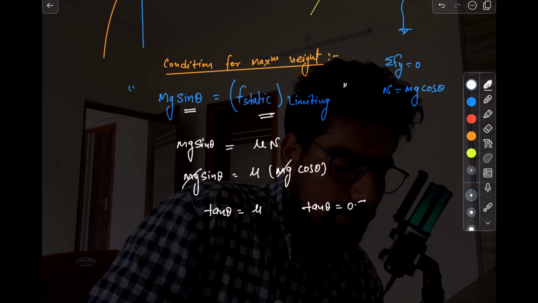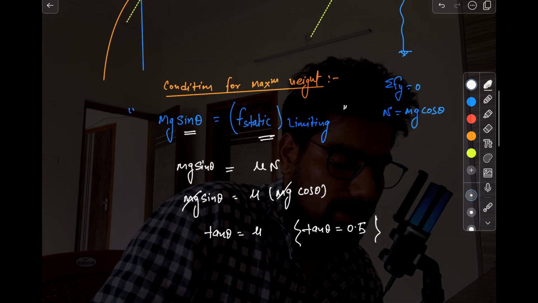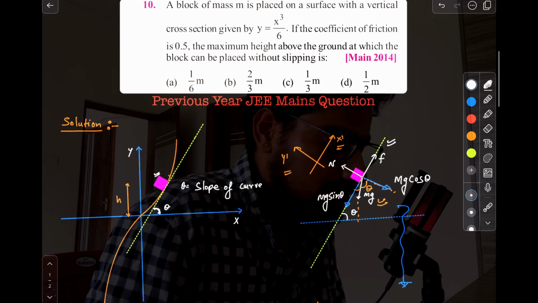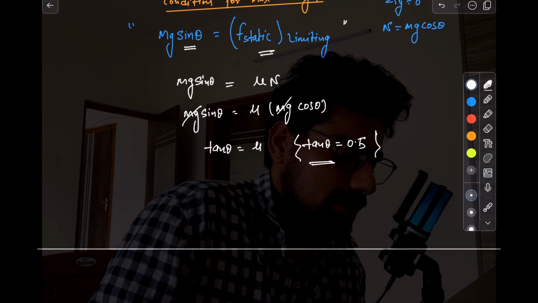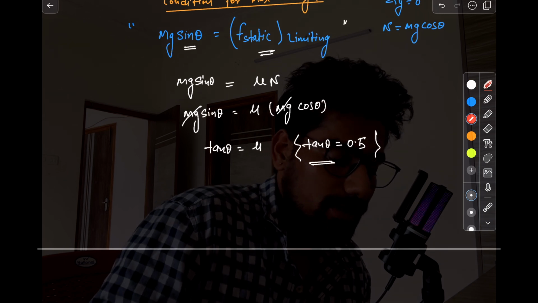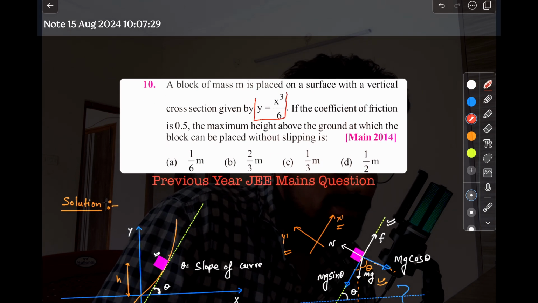It means at an angle theta where tan theta equals 0.5, after that this object will start to slide. Till this point, it will be in equilibrium, right? Let us find the corresponding x or y coordinate from this tan theta. Tan theta is the slope of the tangent, and this is our equation of the curve.